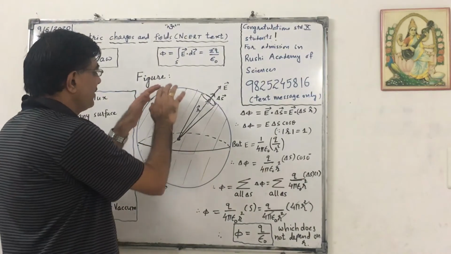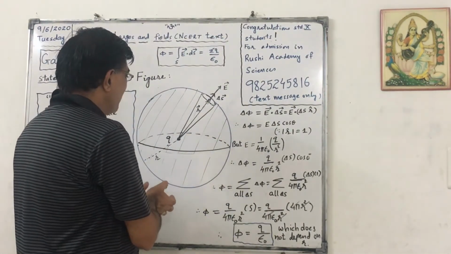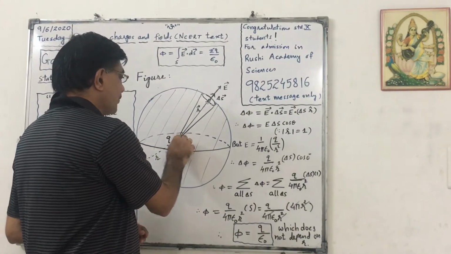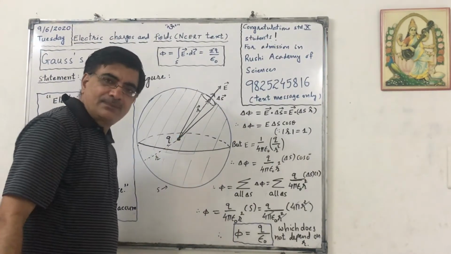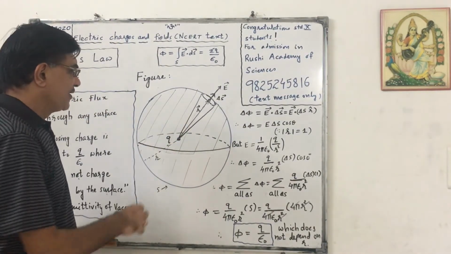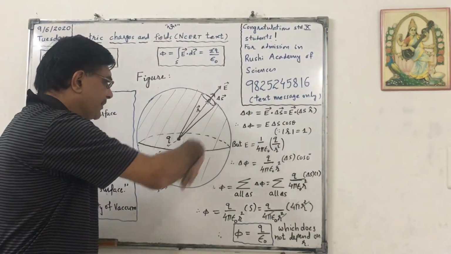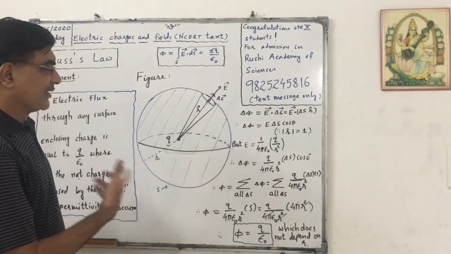Here I have considered a sphere, which is enclosing a charge q. The radius of the sphere is small r. As this is a three-dimensional figure, I have tried to show it by shadings and some width.